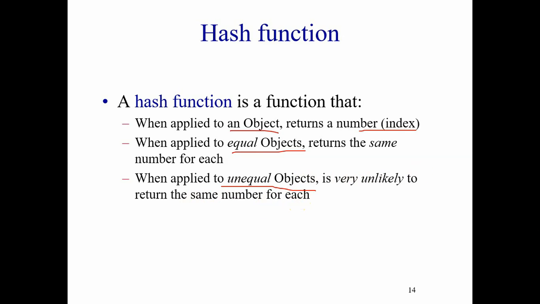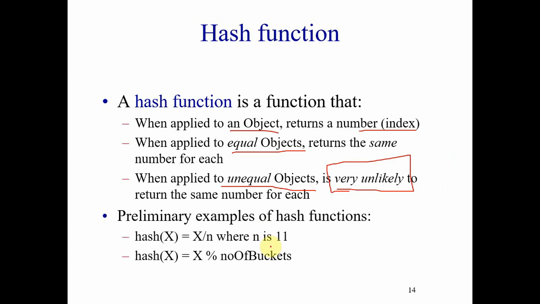We will elaborate on this idea of very unlikely later on. In particular, what will be the case if unequal objects produce the same code?